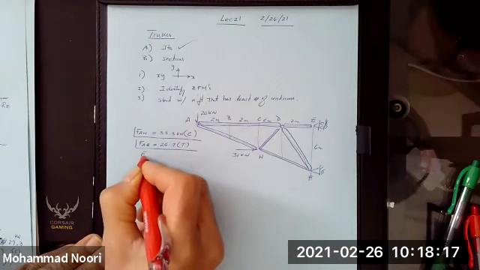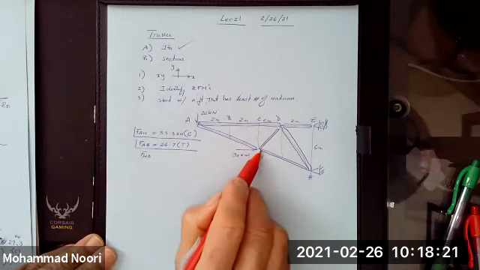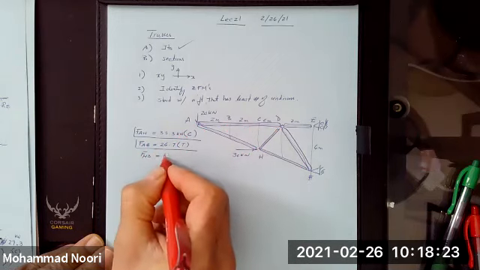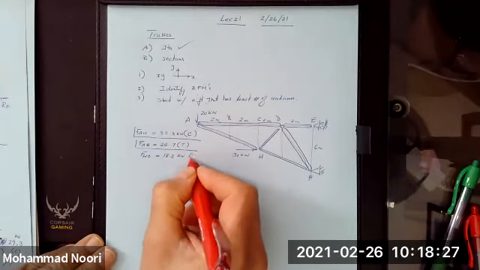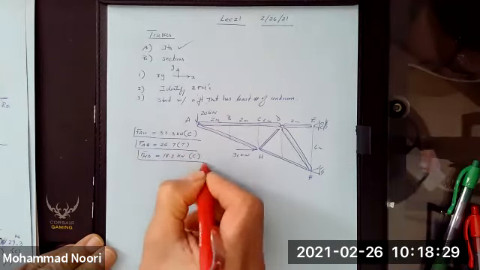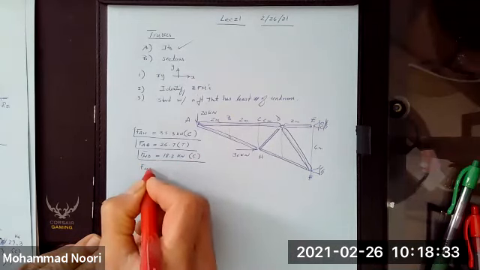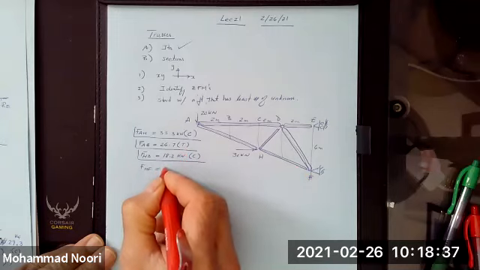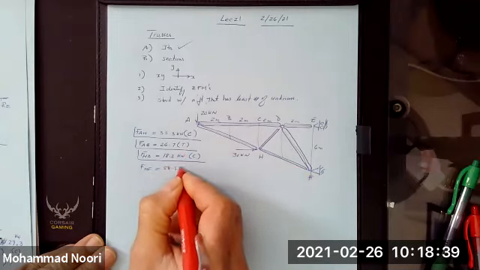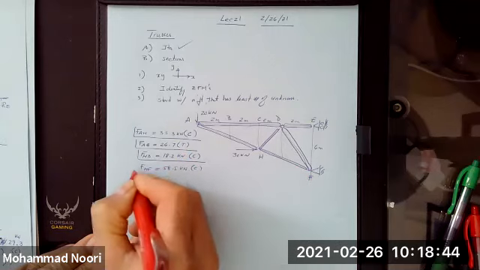Force in HD, which is this member, was 18.2 kilonewton compression. And then force of HF, which is this one, came out to be 58.5 kilonewton, and that was compression.